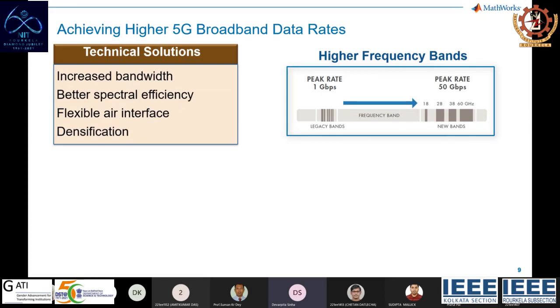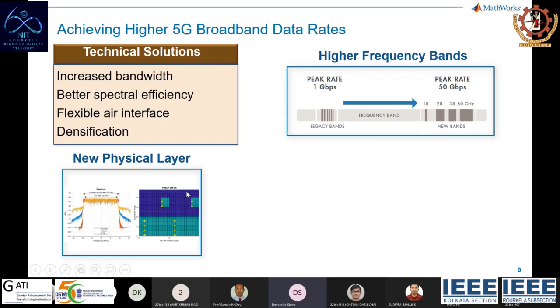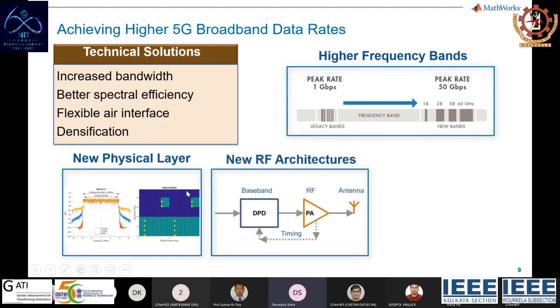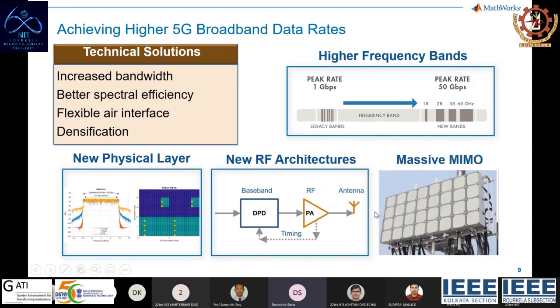The legacy system is not compatible with these higher frequency bands, so we have to come up with a new physical layer, new RF blocks, new RF design, and finally massive MIMO, the arrays of antennas. These are the new challenges we have to face when using 5G technologies.